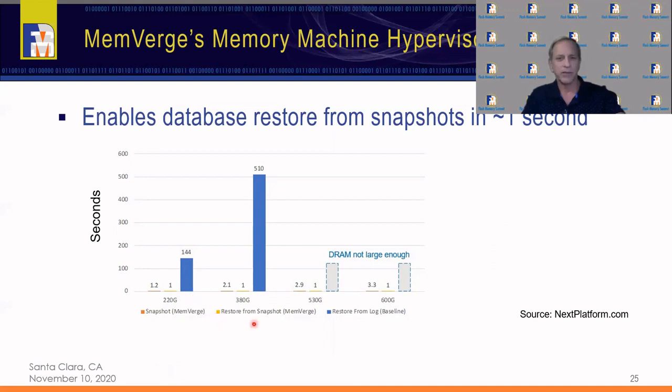The 70% larger 380 gigabyte database takes 3.5 times longer to restore. The 530 and 600 gigabyte databases were too large for the system tested to restore from logs. Memverge is able to restore any of them in about a second. This isn't just bigger memory, it's better memory.